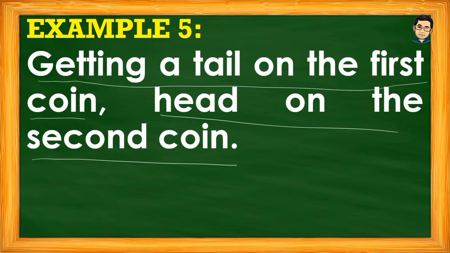Okay, so the answer is no. Okay, it's because kapag nag-toss tayo ng coin at lumitaw ay tail, it doesn't necessarily mean na head na ang kasunod niya. Pwede pa rin po naman maging tail. Okay, so the answer is no.